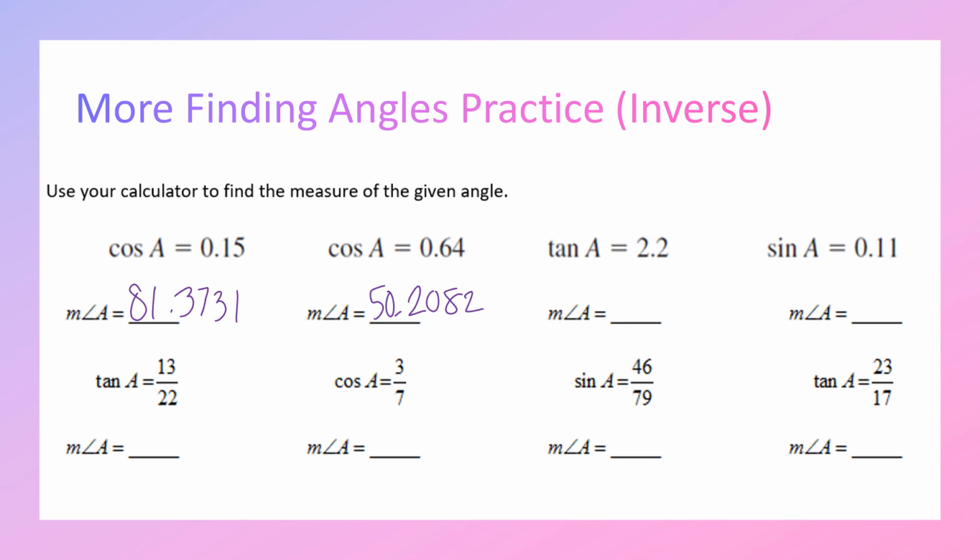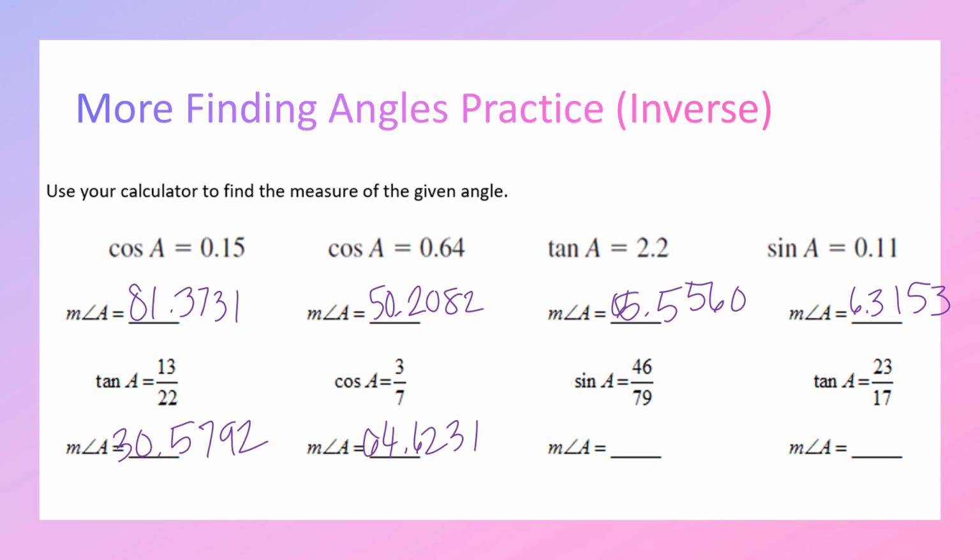Measure of angle A, 65.5560. Again, you can round these up or down depending on what their decimal part is. Measure of angle A, 64.6231.